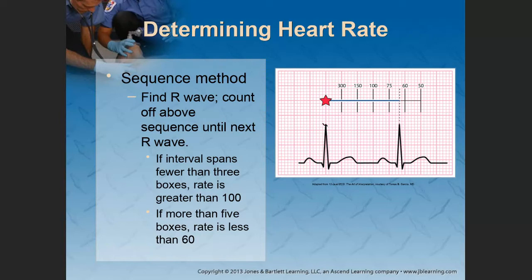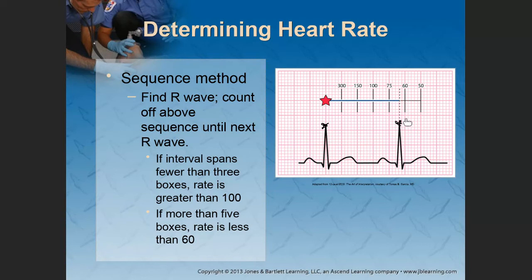Look at your QRS complex, the peak. I've marked that. This is the peak of your QRS complex. Look at that area. You are going to count the squares within that area. So 1, 2, 3, 4, 5.